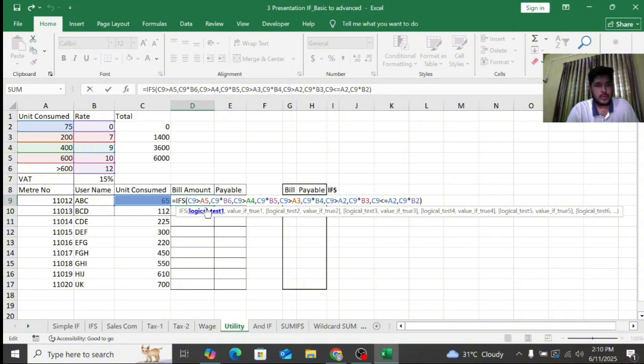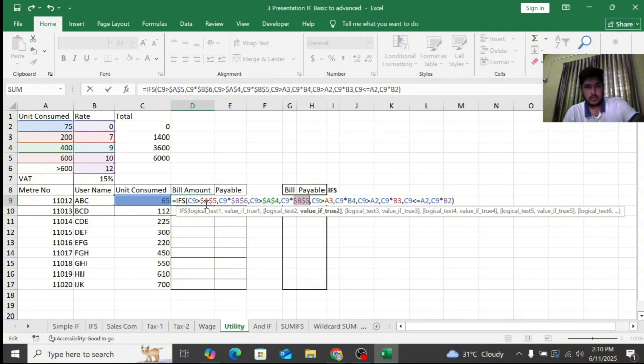Now we are going to make some constant using F9, F5. So that's it.